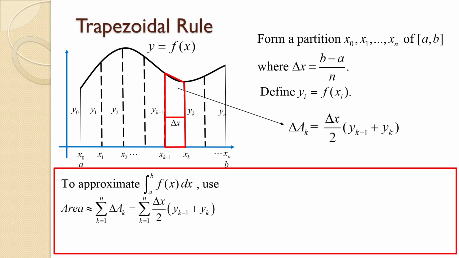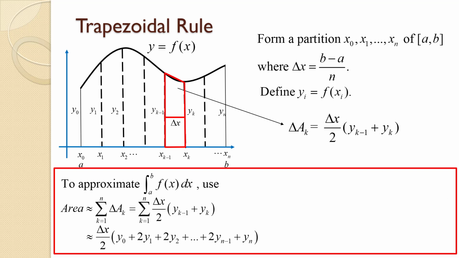Once when you use k as 2, and once when you use k as 3. For that reason, we can rewrite that summation as this particular summation. It's the summation where you take the change of x over 2 and multiply it to y sub 0 plus 2 times y sub 1, 2 times y sub 2, and so on, up to 2 times y sub n minus 1, and then you add y sub n.